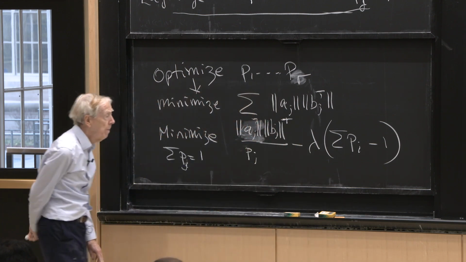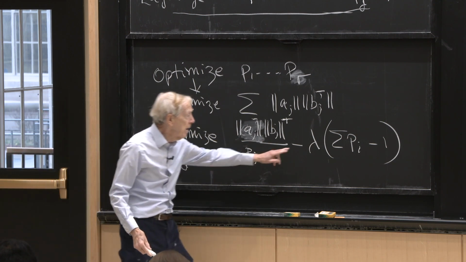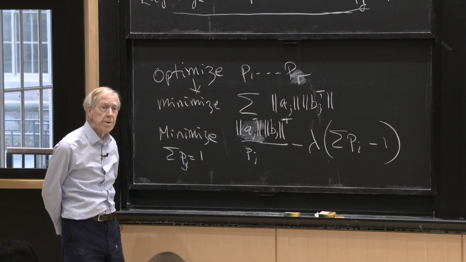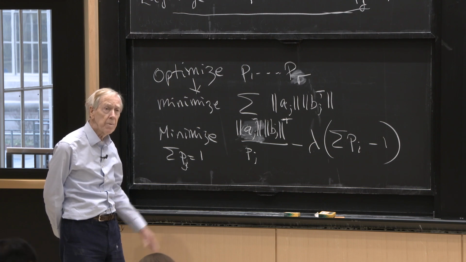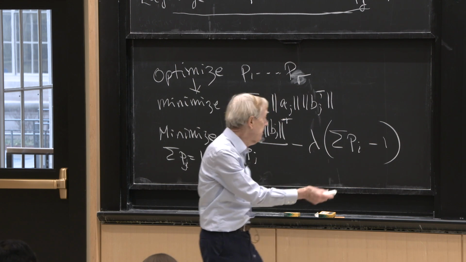So he adds 0, but with a variable lambda. This is Lagrange's idea.